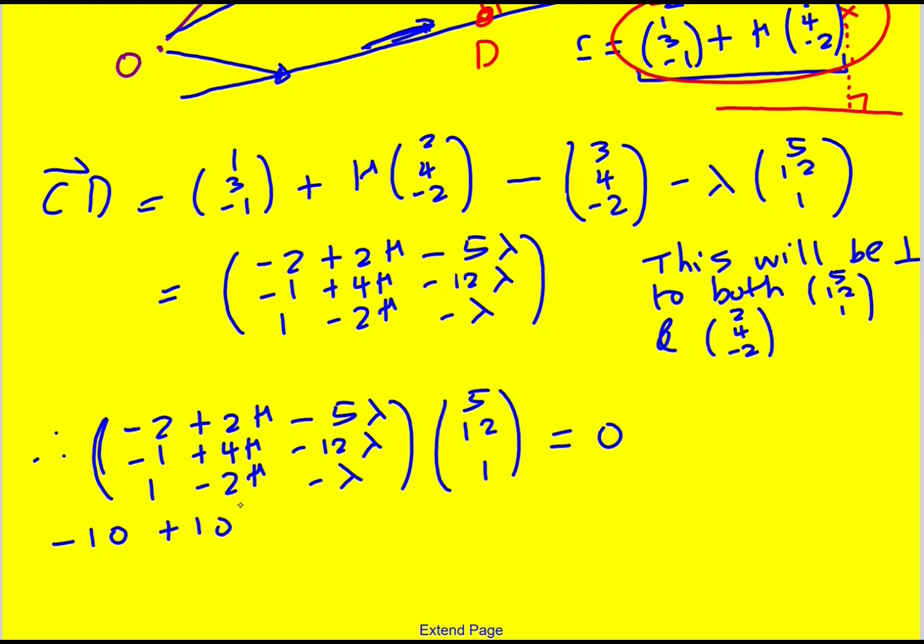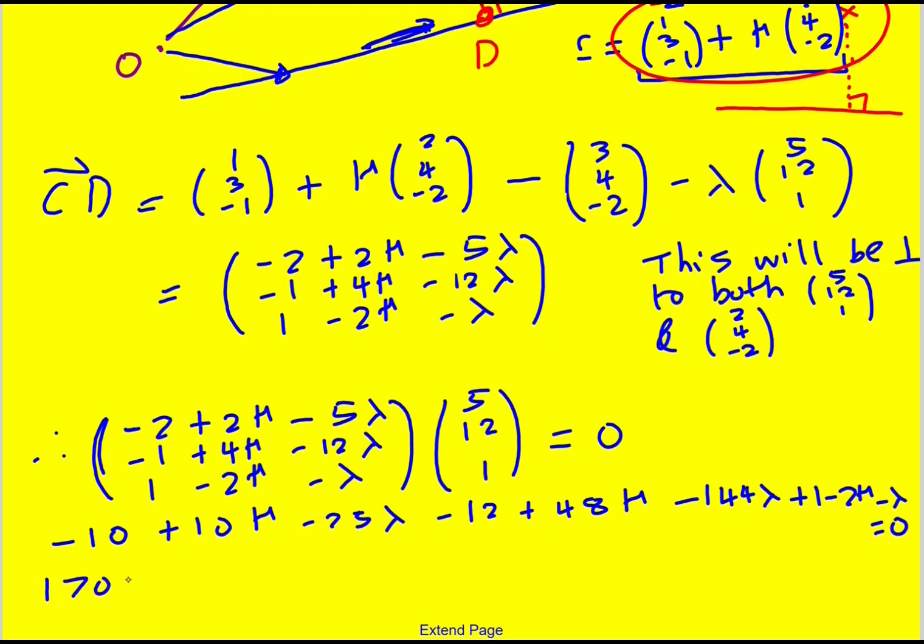Minus 10 plus 10 mu minus 25 lambda minus 12 plus 48 mu minus 144 lambda plus 1 minus 2 mu minus lambda is equal to 0. And you can bring that all together to give 170 lambda minus 56 mu equals minus 21.